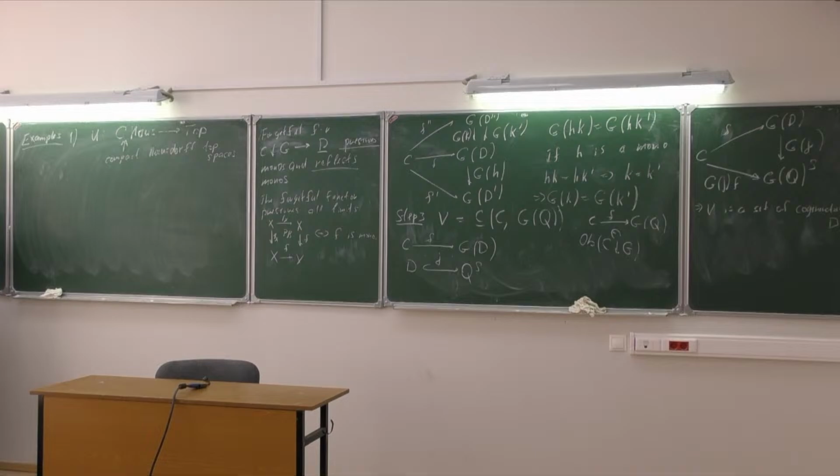Well, for example, how do you know that this category CHaus is complete? Why? And how about the equalizers?